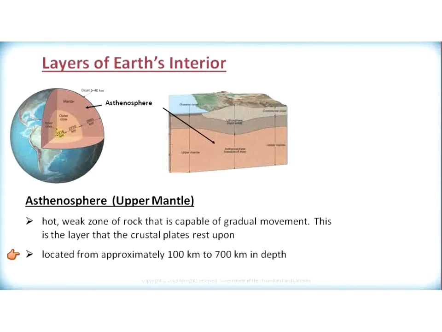In the diagram, we can see that the mantle is located beneath the crust and above the outer core. The asthenosphere represents the upper region of the mantle, extending down approximately 700 kilometers in depth.